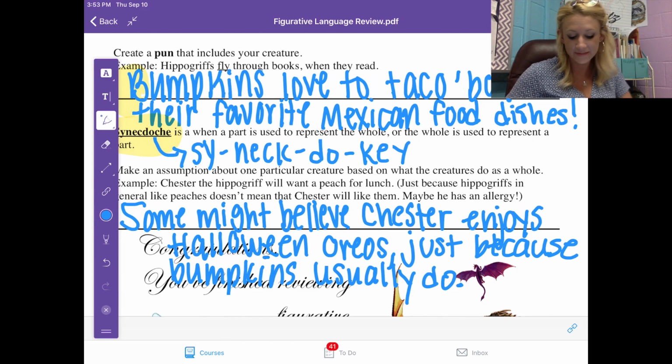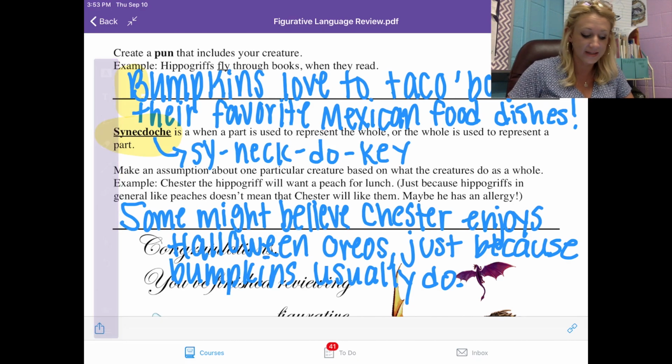Okay, so I put, some might believe Chester enjoys Halloween Oreos just because pumpkins usually do. And that's an example of a synecdoche.